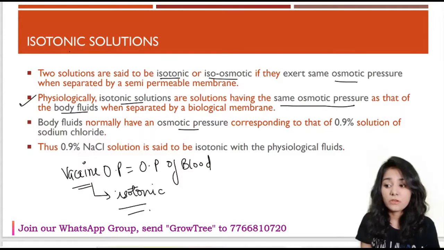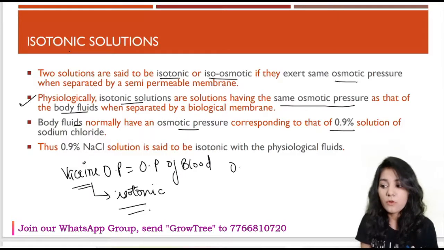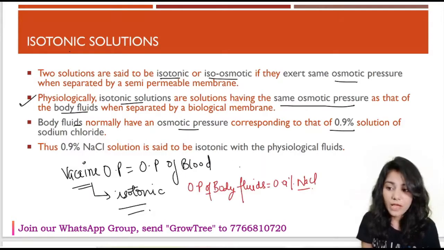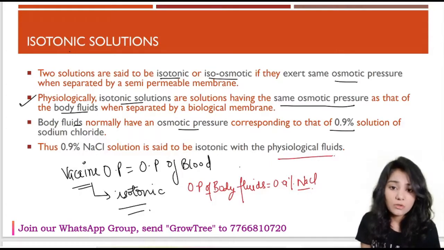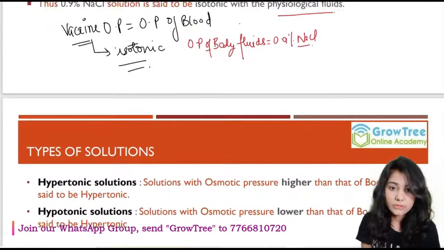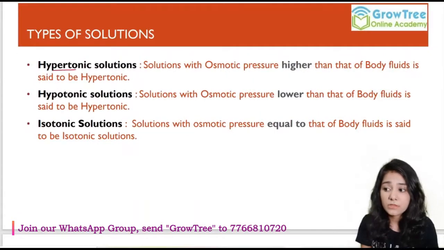It is observed that the osmotic pressure exerted by the body fluids is equal to that of 0.9% weight by volume of NaCl. That is why 0.9% NaCl solution is said to be isotonic with the physiological fluids. Based on the principle of tonicity, we have three types of solutions: hypertonic, hypotonic and isotonic solutions.